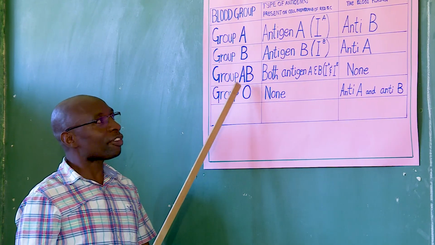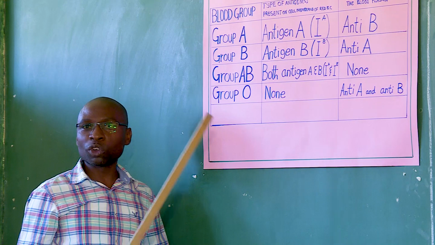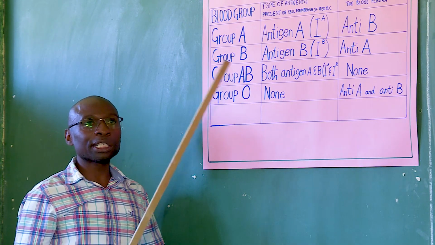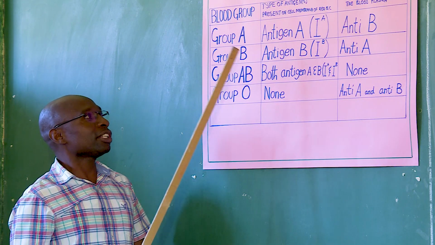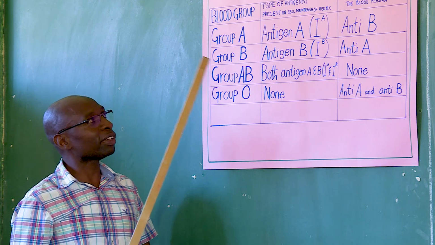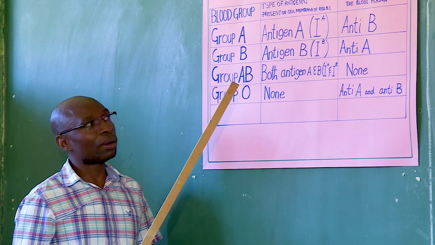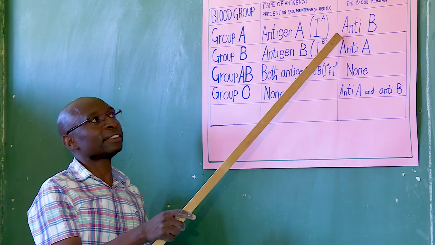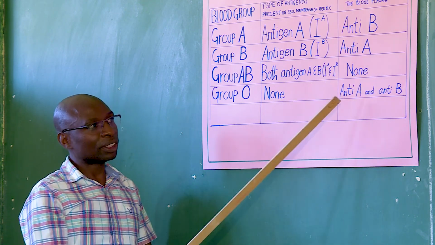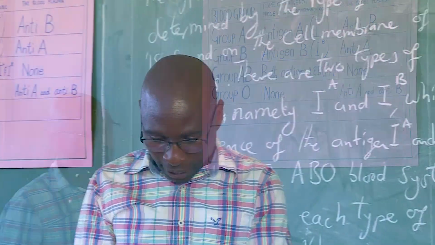So when we talk about the blood group of a person, if it is blood group A, it means that person has antigen A on the surface membrane of the red blood cell, but in the plasma, there is antibody B. Okay, so that's what is there.